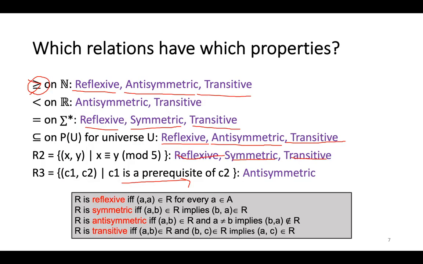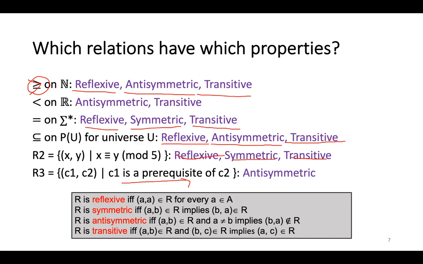Okay, so which relation has which properties? Take greater than or equal. It is reflexive because of the equal sign, and antisymmetric because of the greater. If you change the order, it's totally different.